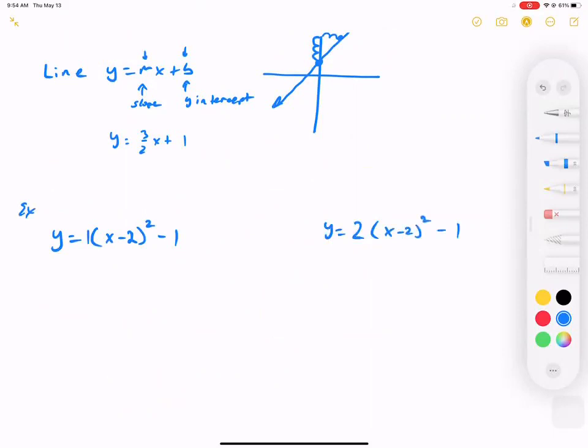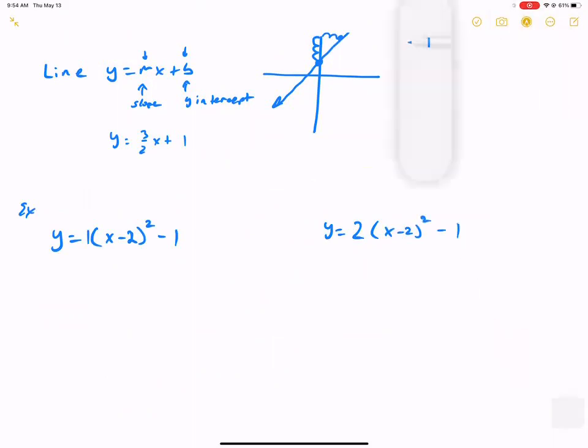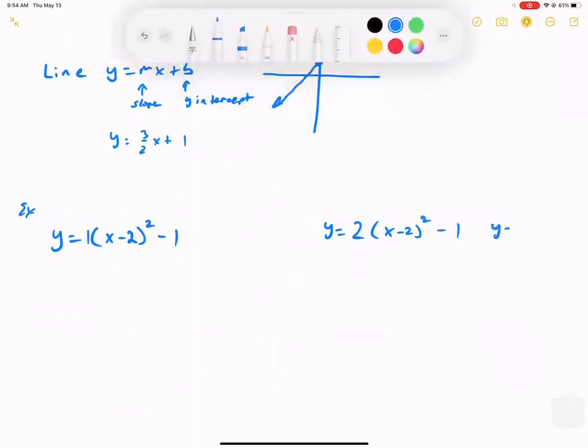And then we'll do one more: y is equal to 3 times x minus 2 squared minus 1. Okay, I have 3 graphs here. Let me rewrite the second one to make it look a little nicer. Y is equal to 2 times x minus 2 squared minus 1. So we have 3 equations.